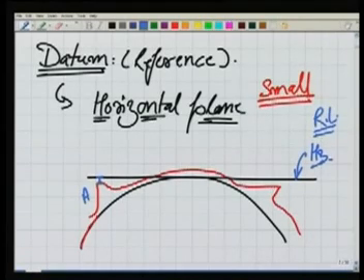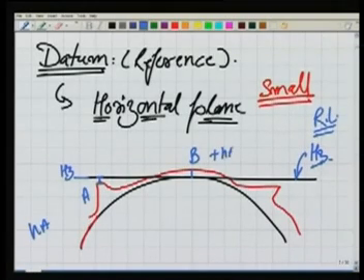Let us say the elevation of this A with reference to this horizontal plane is negative here, and some value HA, while for a point here B, it is positive, it is HB. So what is the meaning of this? HB is more than HA.